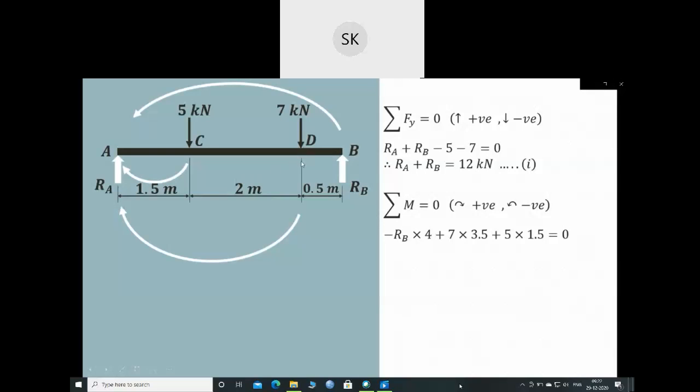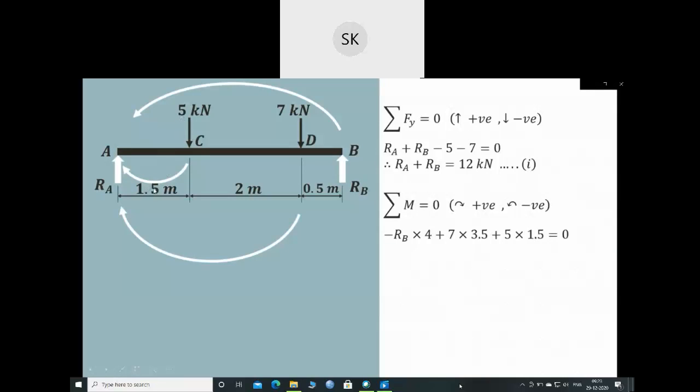Then this 7 kilonewton force will produce the clockwise moment as indicated over here, and the distance between D and A is 2 plus 1.5, that is 3.5. So it is 7 multiplied by 3.5. This 5 kilonewton point load will also produce clockwise moment about point A, and the perpendicular distance between C and A is 1.5 meter.